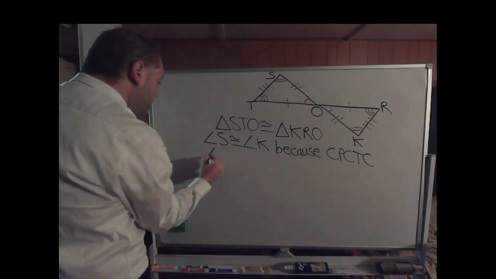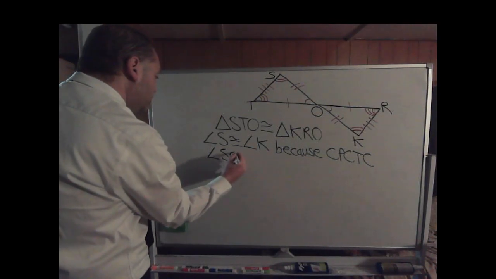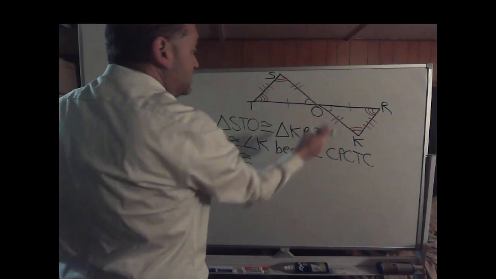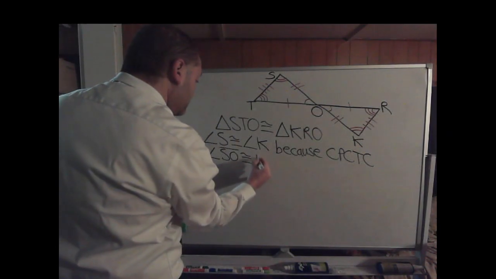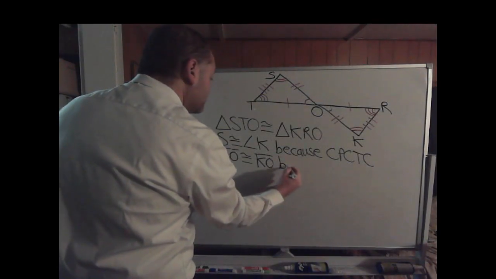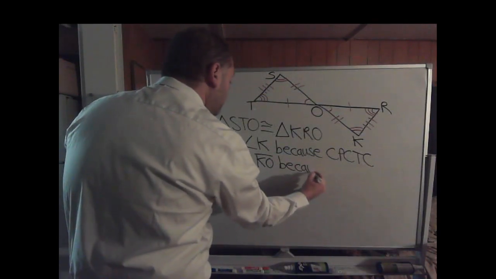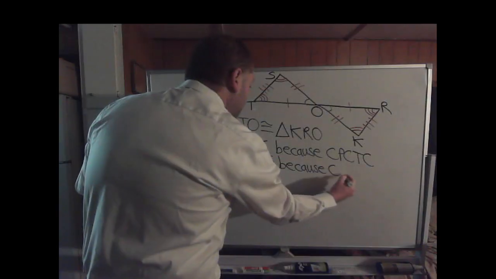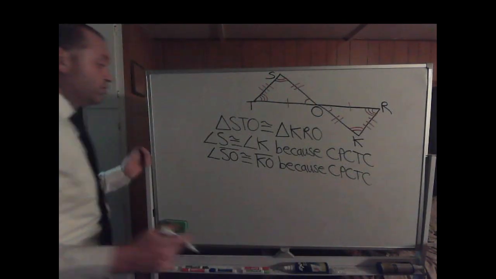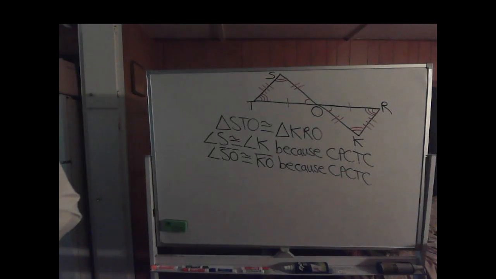Alright, then we have line segment SO is congruent to line segment KO because, once again, that wonderful CPCTC. Congruent parts of congruent triangles are congruent.